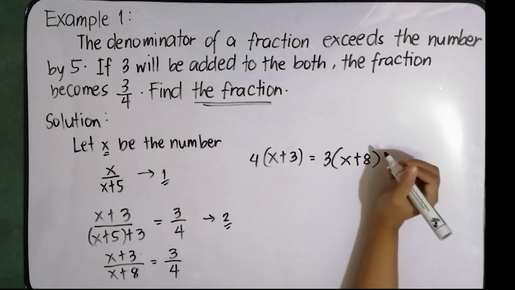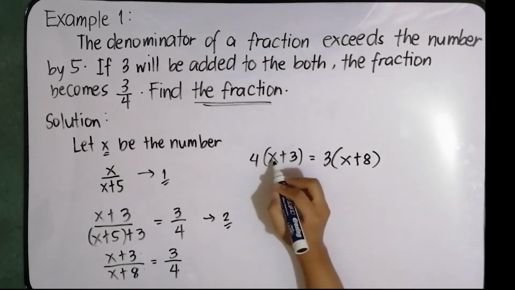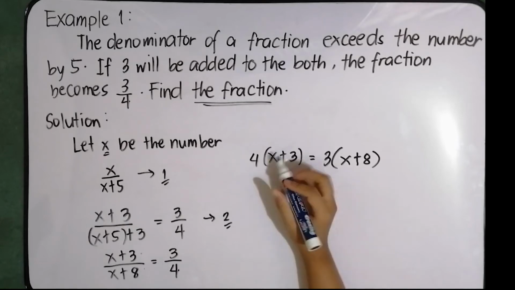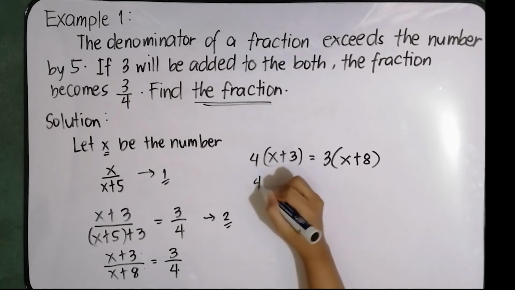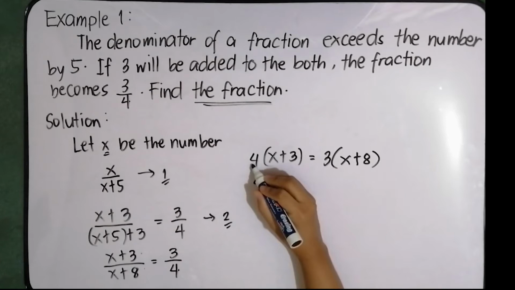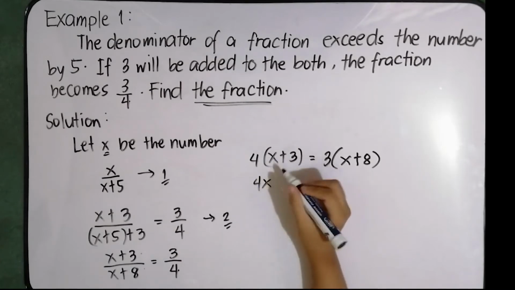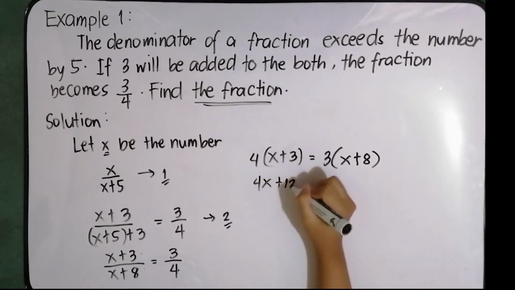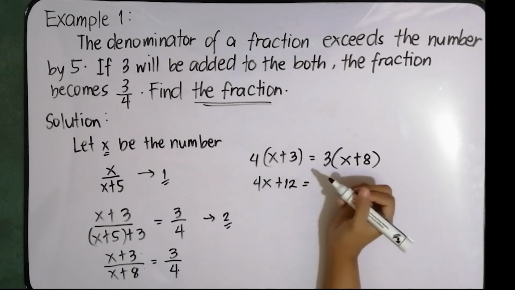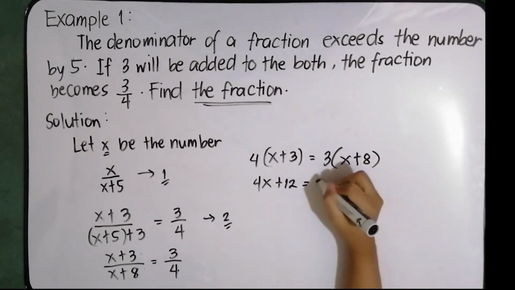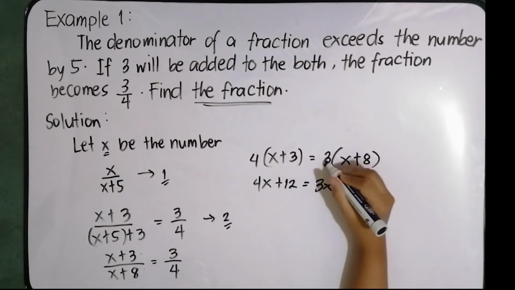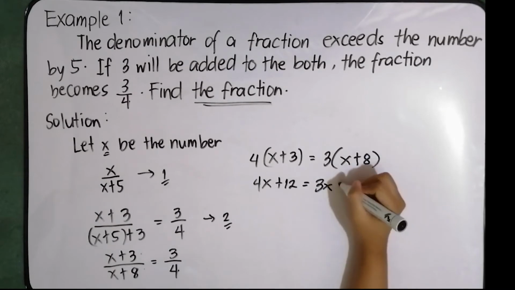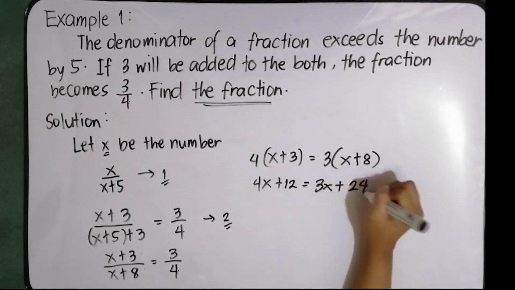So let's expand the equation. We have 4 times x, that is 4x, then 4 times 3, that is plus 12, equals 3 times x, that is 3x, and 3 times positive 8, that is positive 24.